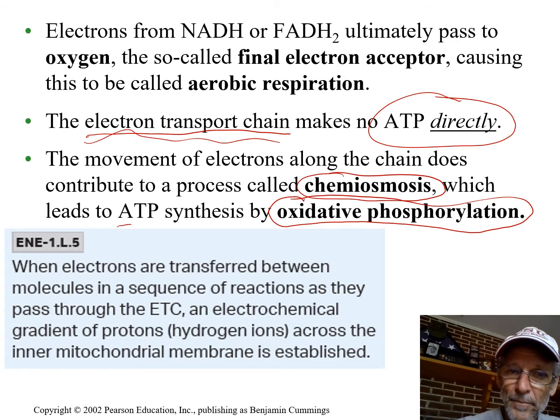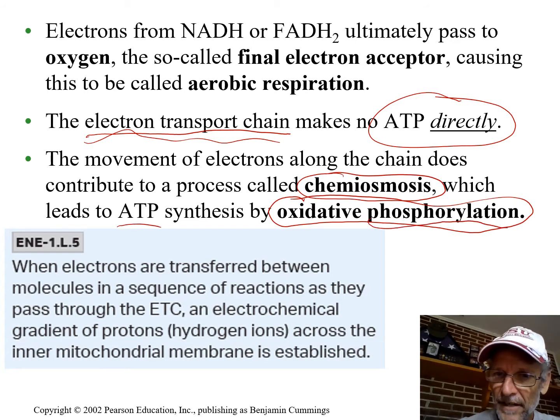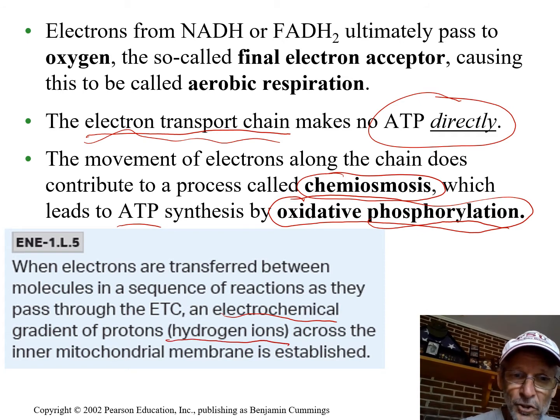How do you make an ATP? You add a phosphate to ADP, so all of this is here, right? An electrochemical gradient again. Now they identify that as hydrogen ions, and they expect you to know that that's what protons are, right? The language of the syllabus is the language of the questions.